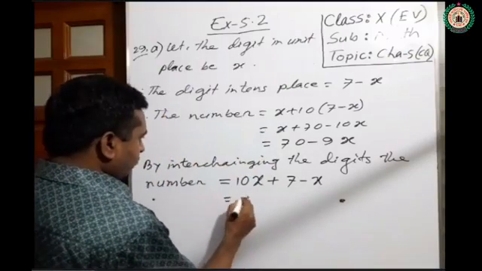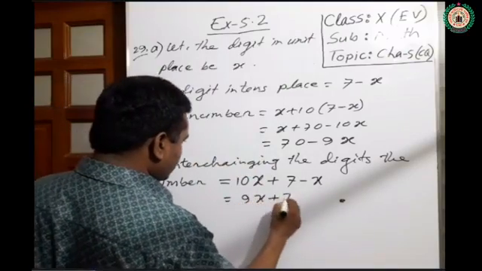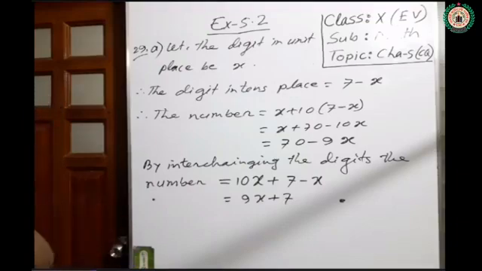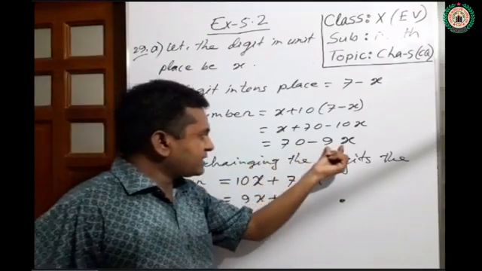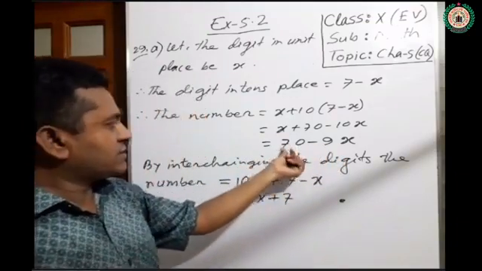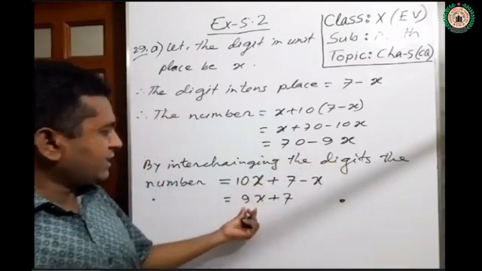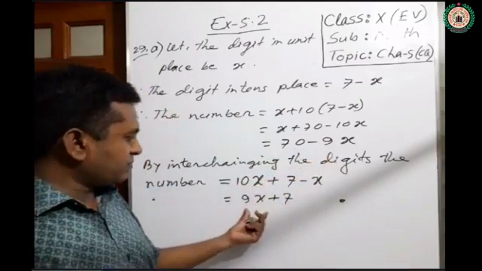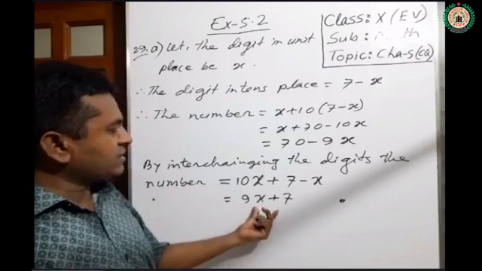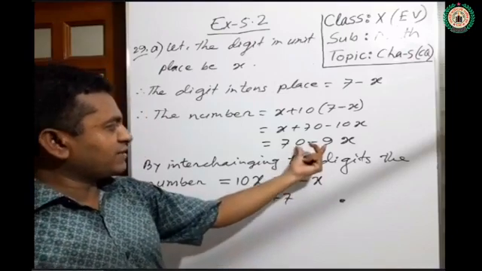By simplifying, we get 9x plus 7. So 70 minus 9x is the given number, and 9x plus 7 is the new number. This new number is 9 more than the given number.